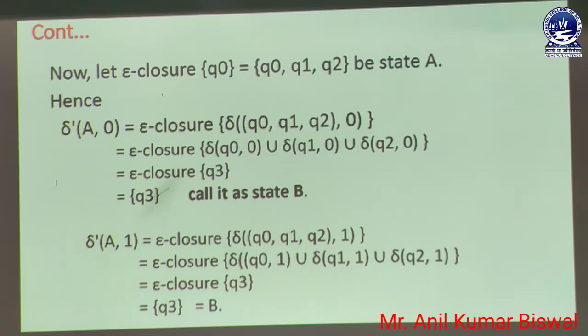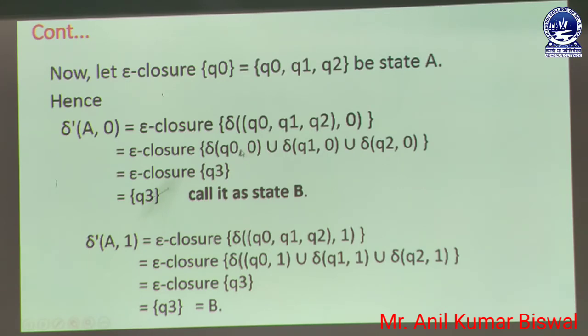Hence, the transition of A, meaning Q0, Q1, Q2 on input symbol 0, we are going to calculate its epsilon closure. So here the transition is Q0, Q1, Q2 taking input symbol 0: we find the epsilon closure of the transition of Q0 on 0, union the transition of Q1 on 0, union the transition of Q2 on 0.